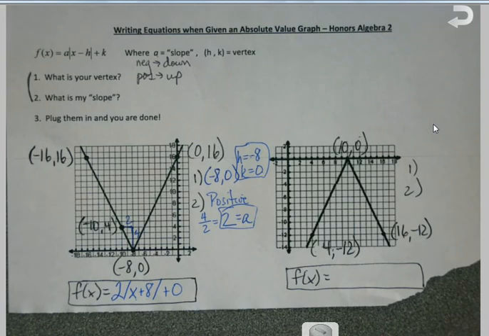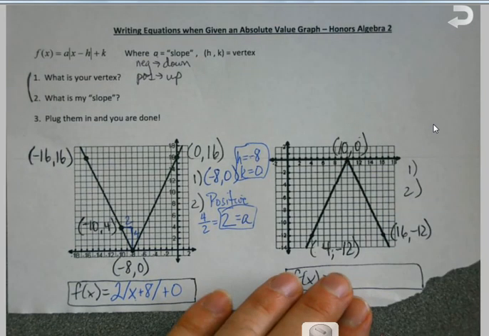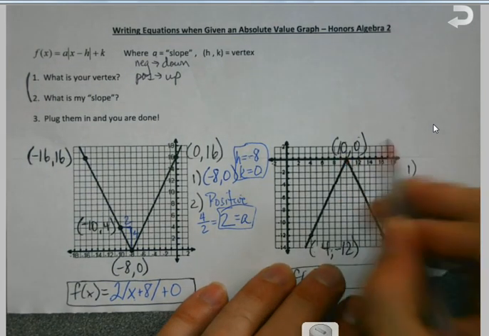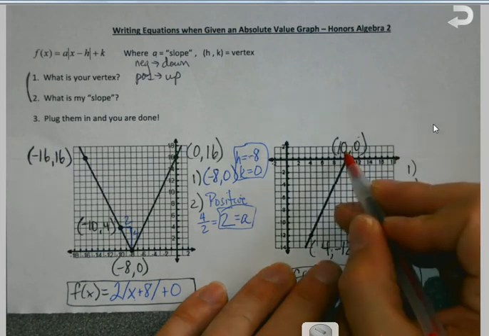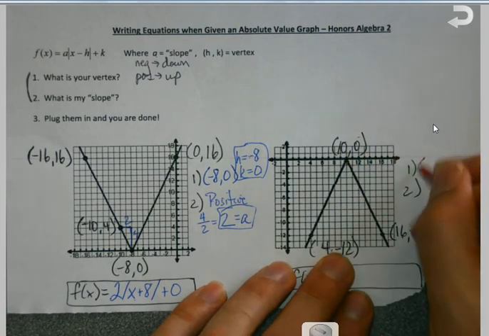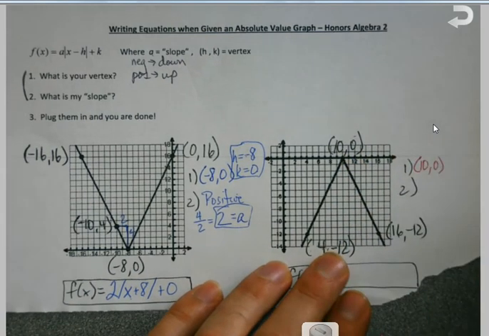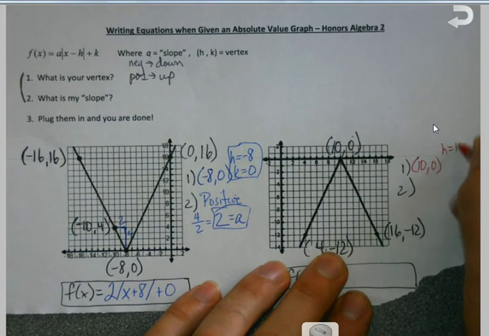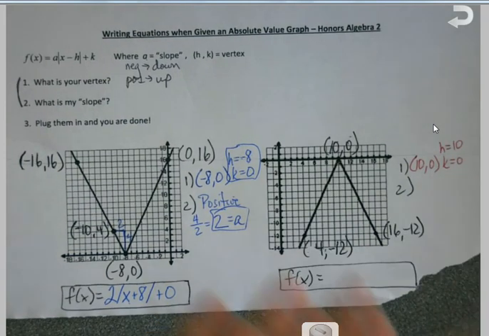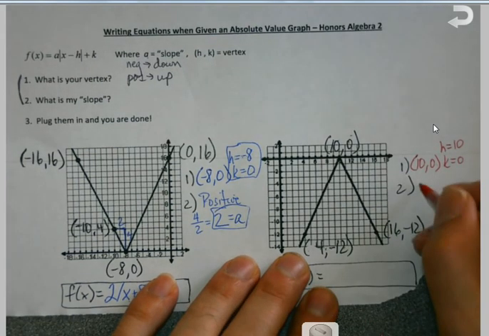I always want to look, for instance, on my second one here, and say, okay, my vertex is at 10, 0. So again, my H value is 10, my K value is 0 in this case. I also notice my graph's opening down.